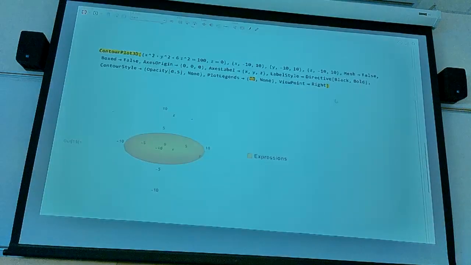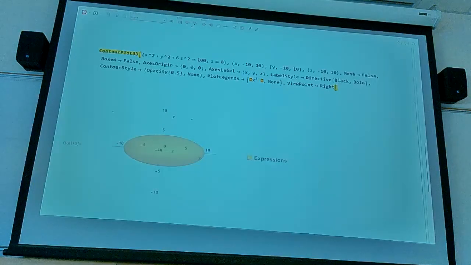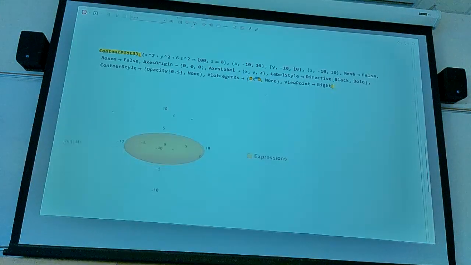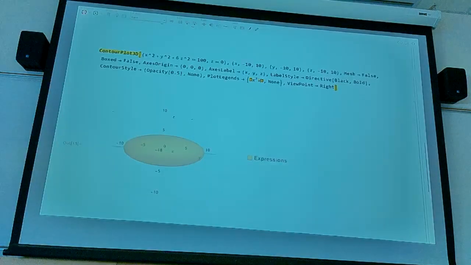So, squared plus 1 squared plus 6 squared. So I could cheese it so I can just get the expression up there.